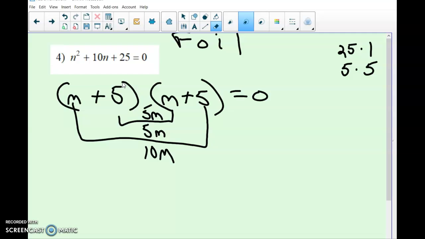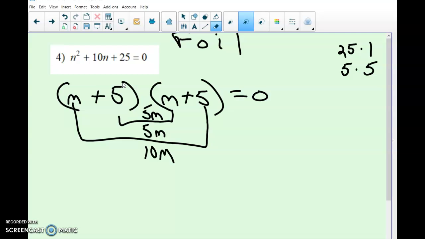Now, what would I do with those? Is there anything that makes me think that this has a special connotation to it? Anything about this? You're right. It's a perfect square trinomial. So I'm multiplying n plus 5 times n plus 5 equals 0.